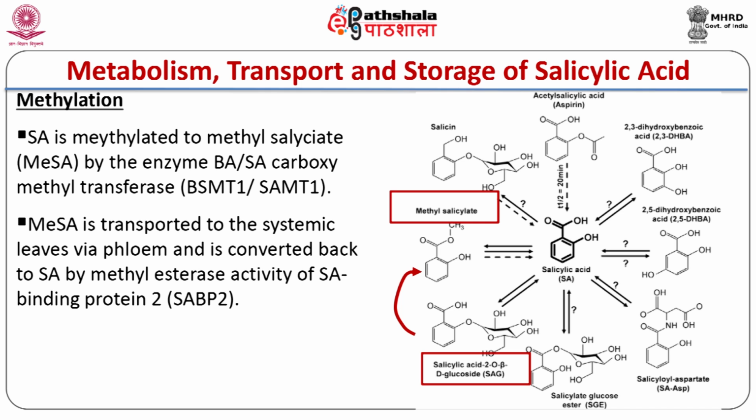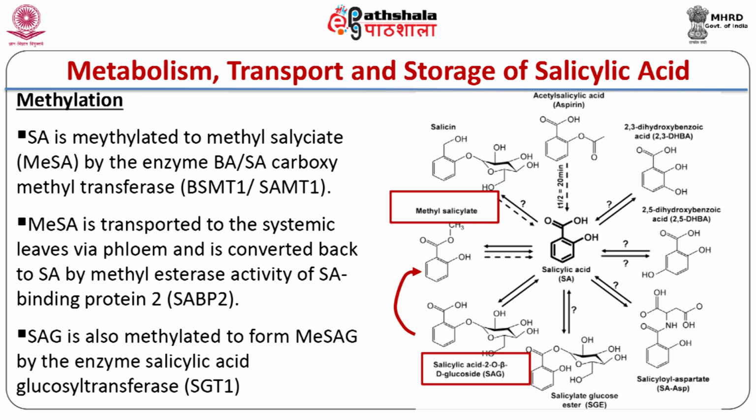Newly formed methyl salicylate is transported to the systemic leaves via phloem and is converted back to salicylic acid by the methyl esterase activity of SA binding protein 2. Upon pathogen infection, the glucosylated form of SA is also methylated to form MESAG by the enzyme salicylic acid glucosyltransferase.